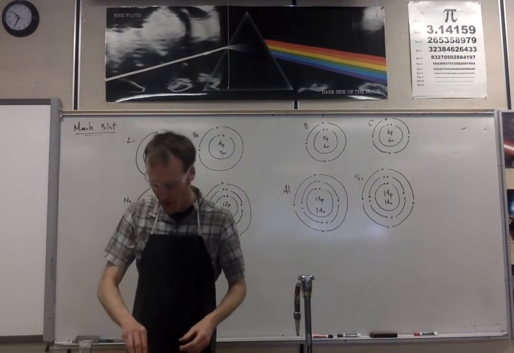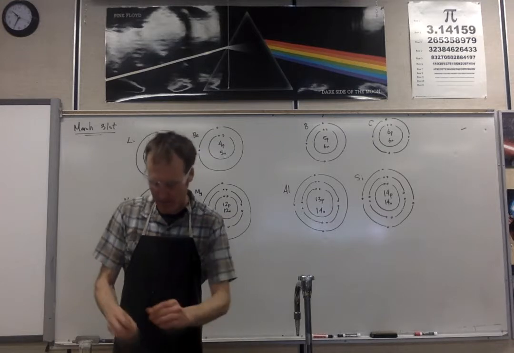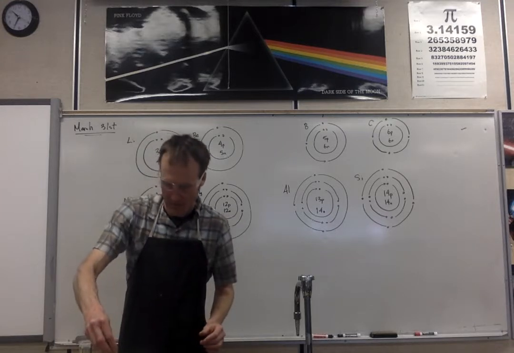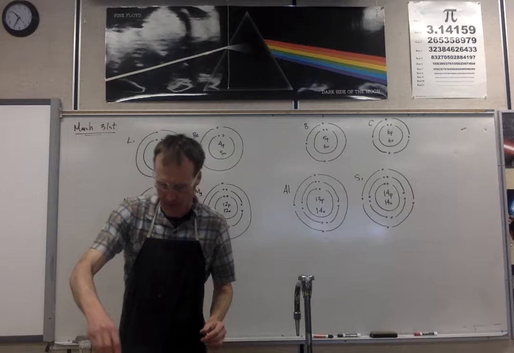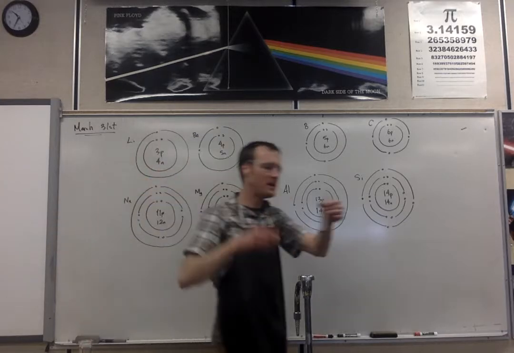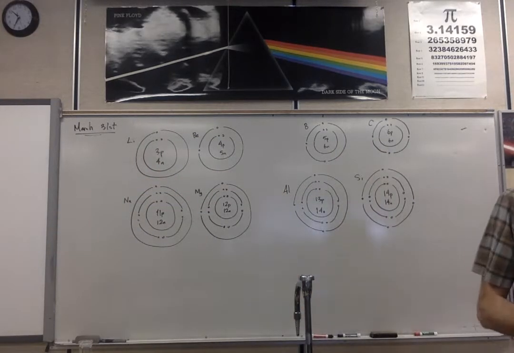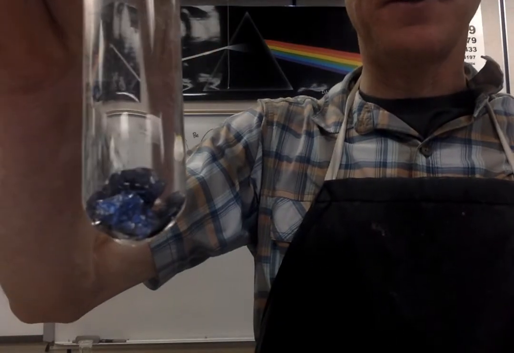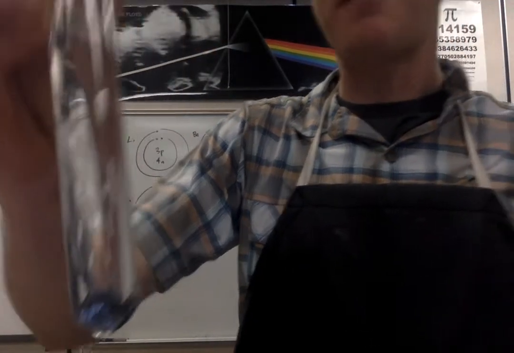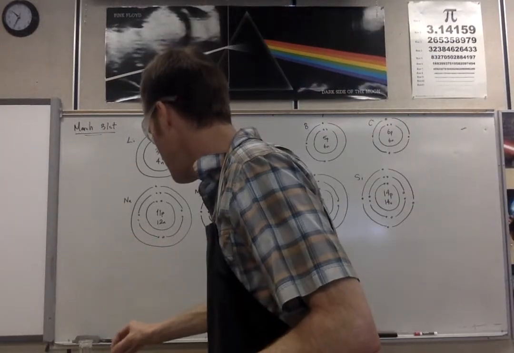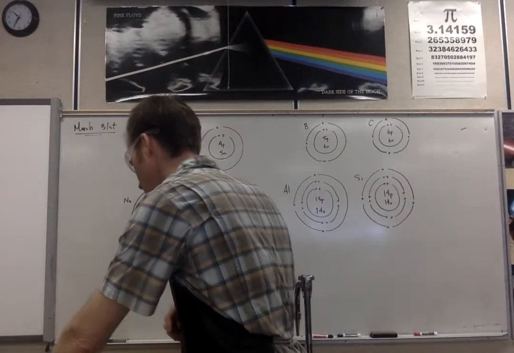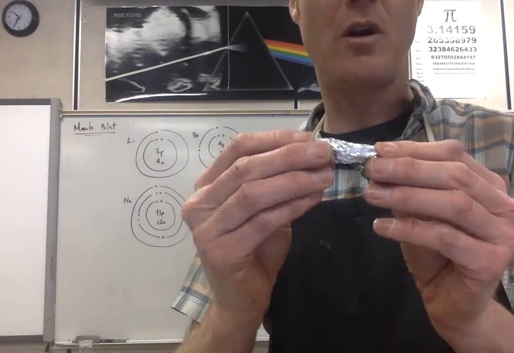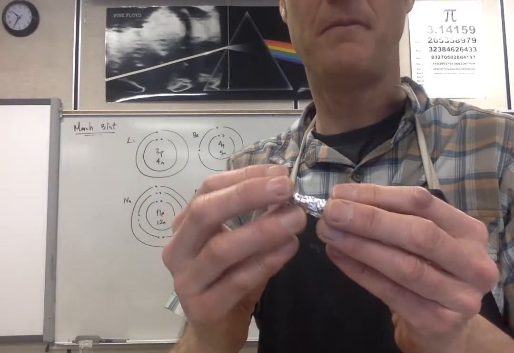So let's first of all add some silicon to the water. Evidence of a reaction would be any kind of bubbling. So far we're not seeing anything, but we'll come back to that. This is a sample of aluminum metal foil.